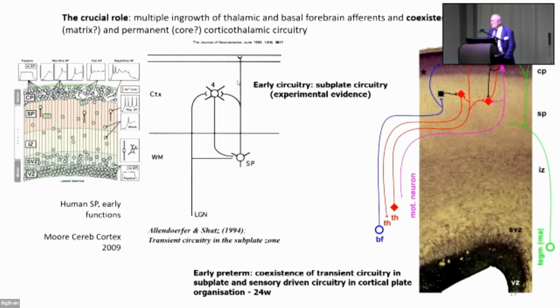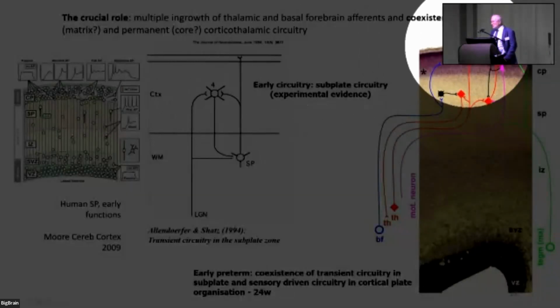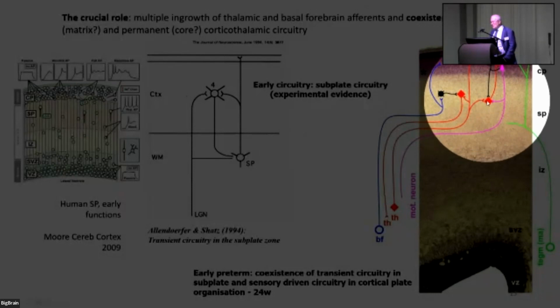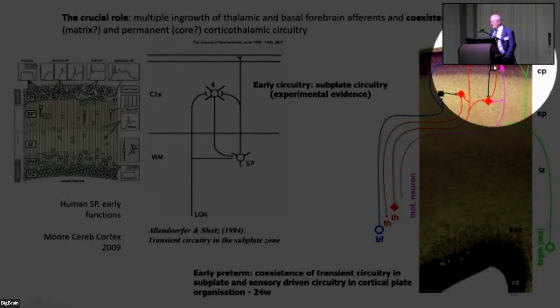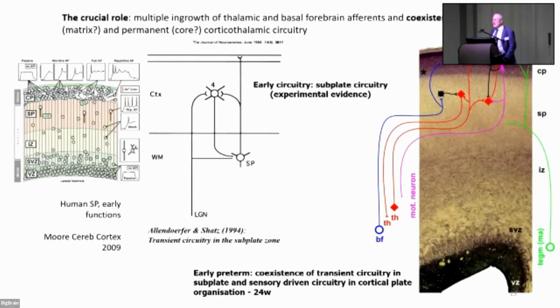So subplate neurons are not only important as early postsynaptic elements making a special tangential nexus. They're important as amplifiers of thalamocortical activity. You see, that is shown in our schematic drawing. That's from a paper with Judas. We put here this white spot, which is actually a layer 4 neuron, which receives input from thalamus and from subplate. So an amplifier of the thalamocortical domain-specific circuit.